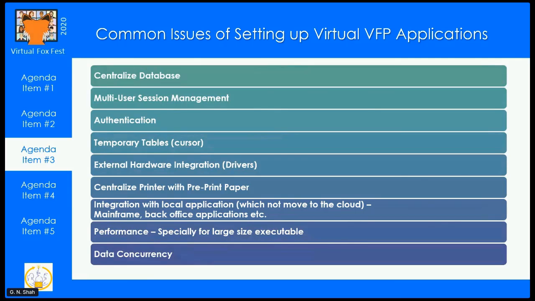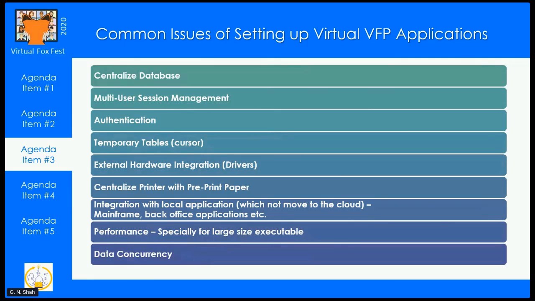Temporary tables and cursors: if you're heavily using cursors, since everyone is using AppStream from a single file location, if they're created randomly, that's perfectly fine. But if you're doing something specific, like local naming, then you probably have to change your application because since it's the same file location for everyone, you may have some concurrency problems there.